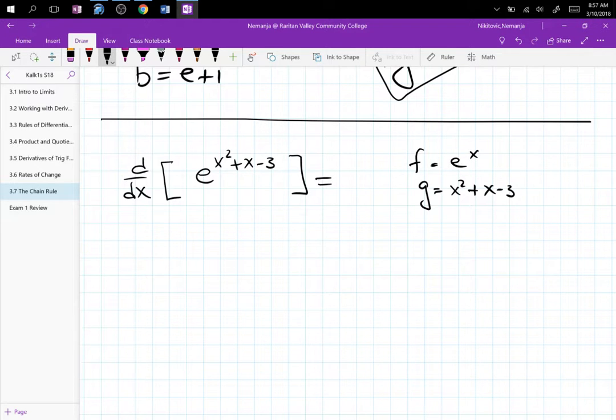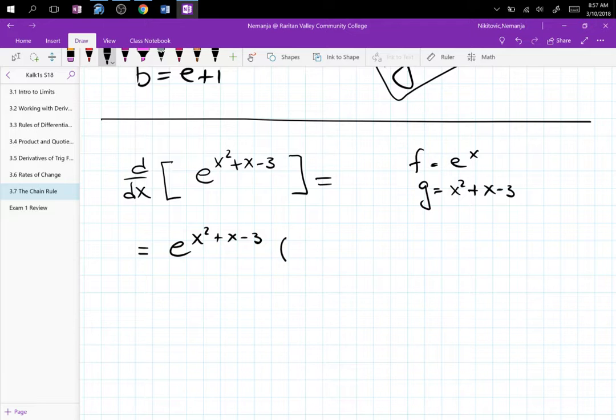So now, what do we do? We take the derivative of the outer function first. Now the derivative of e to the x is itself, and we have to have g still plugged in. So we get to copy the entire function there.